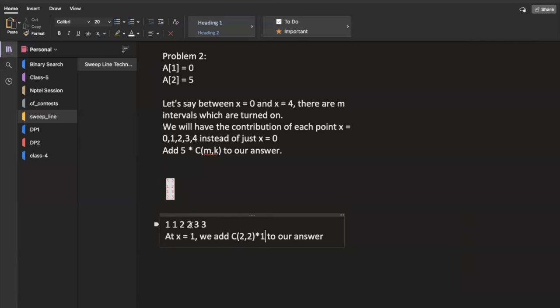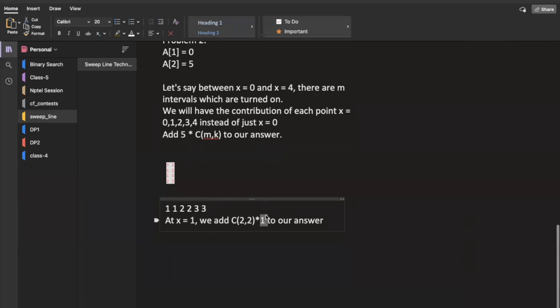Now, we notice that at x equals to 2, the first interval has ended and the second interval has started. So we again have 2 active intervals, and we'll again add this same expression to our answer. We will again multiply it by 1 because the next important point is x equals to 3 and there are no points in between.